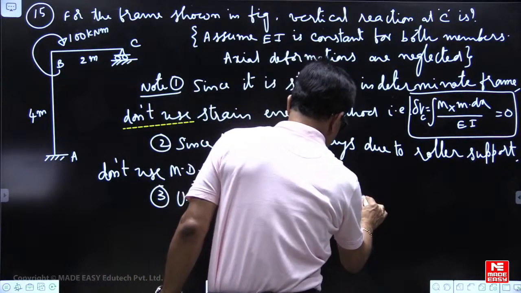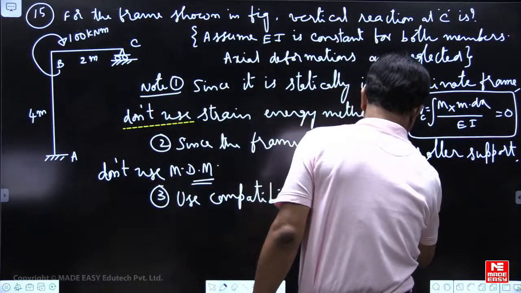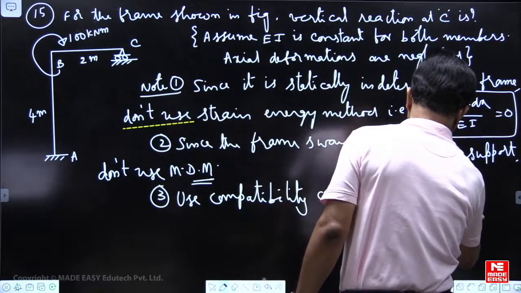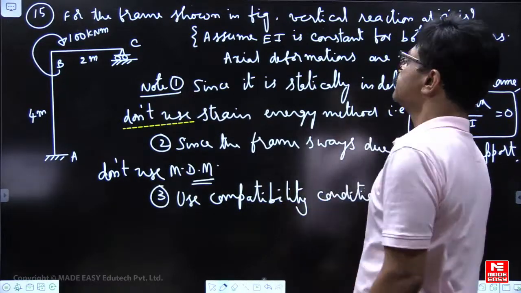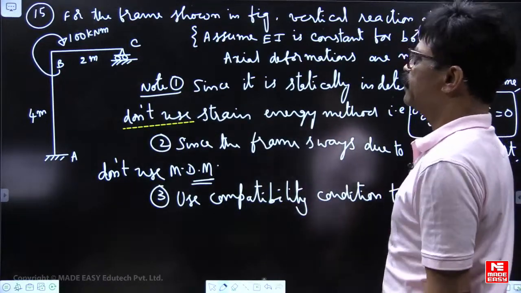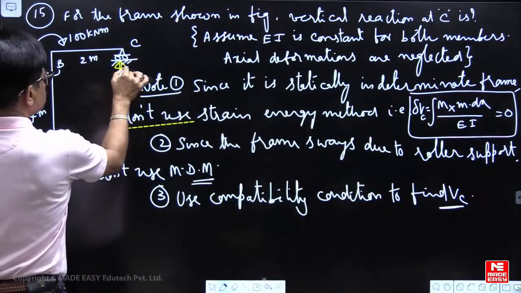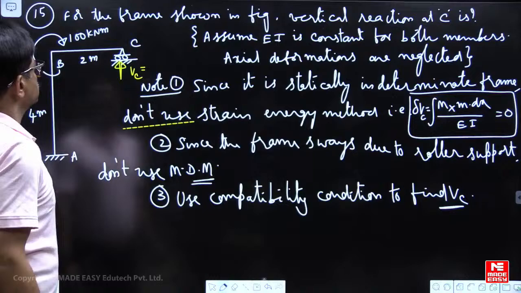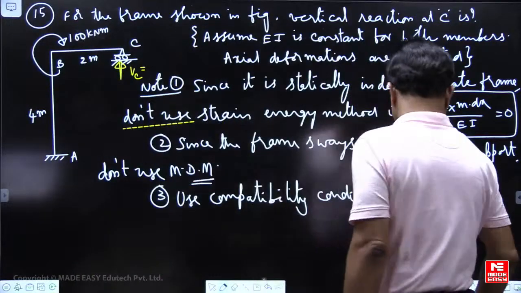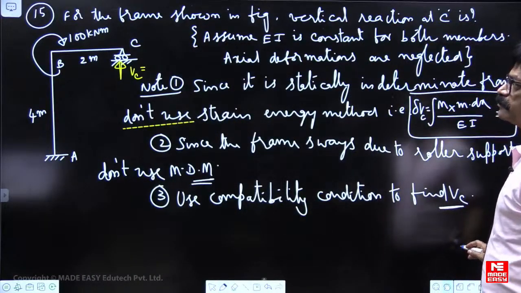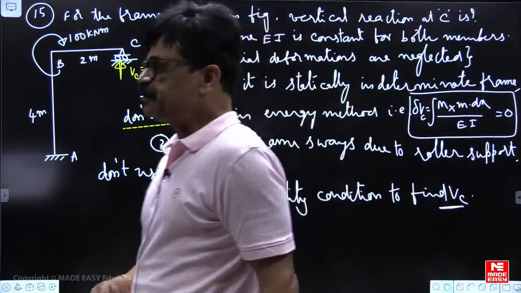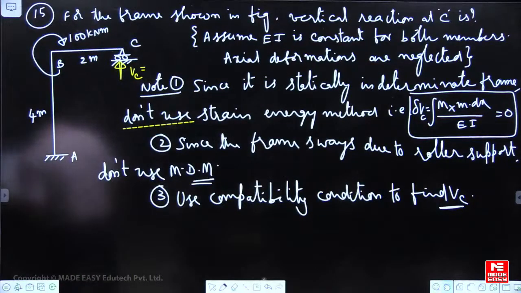Use the compatibility condition to find VC. What is that compatibility condition? Net deflection at C is equal to 0. Okay, now use that compatibility condition. 1 minute time. Check the answer.